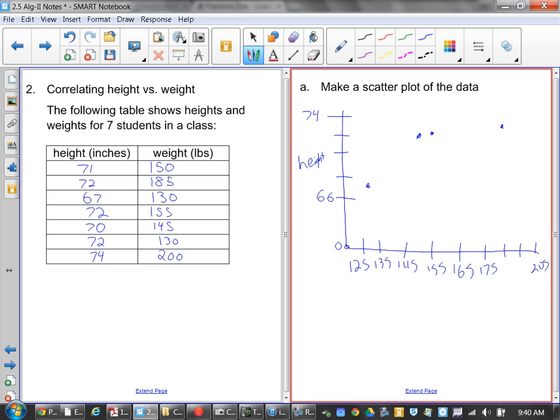Because I'm reading this first as an X, but I'm plotting it as a Y. It doesn't make as big of a deal, it's still going to show it. So where are we at? 71, 145. Oh, we're at 72. And then 74.